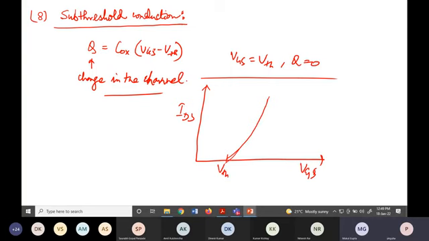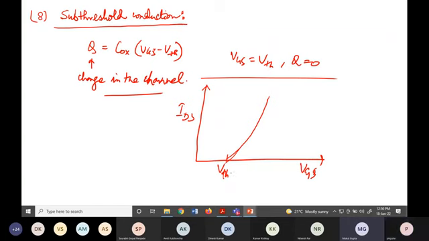But truly speaking, that is to some extent correct for long channel MOSFET, but not true for short. Even in the long channel MOSFET there will be current below VTH, but that current is very tiny, so we don't care about it. But when we have a short channel MOSFET, this current is very significant. So this is known as subthreshold current or subthreshold conduction.